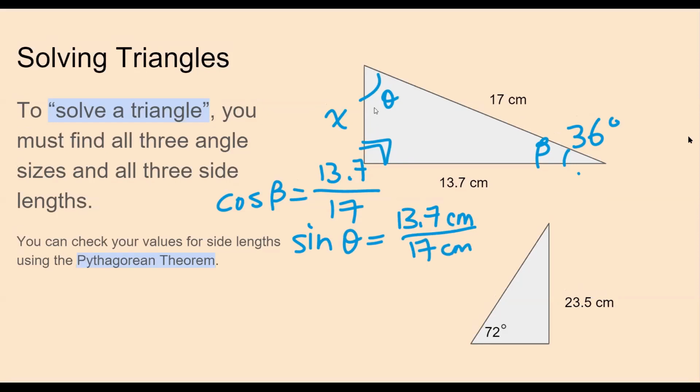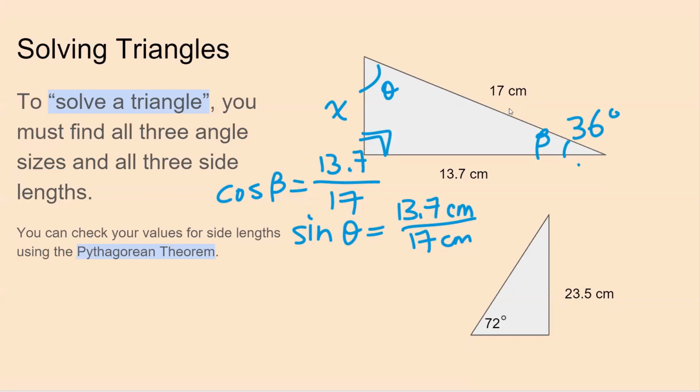This will give us sine inverse of 13.7 divided by 17. This will be 53.6, so 54 degrees. Theta is equal to 54 degrees.